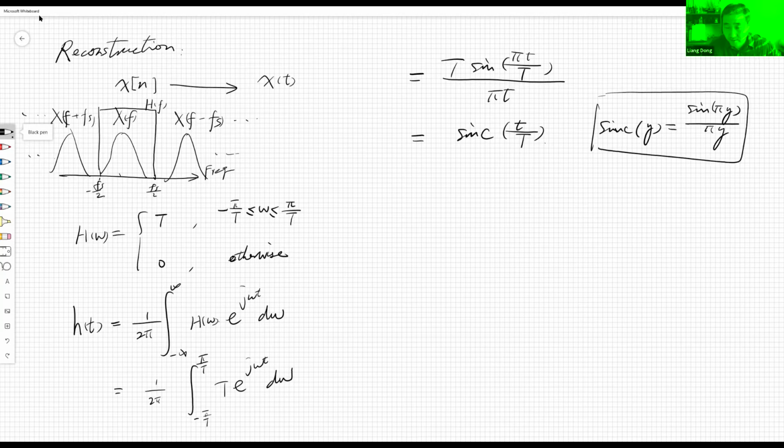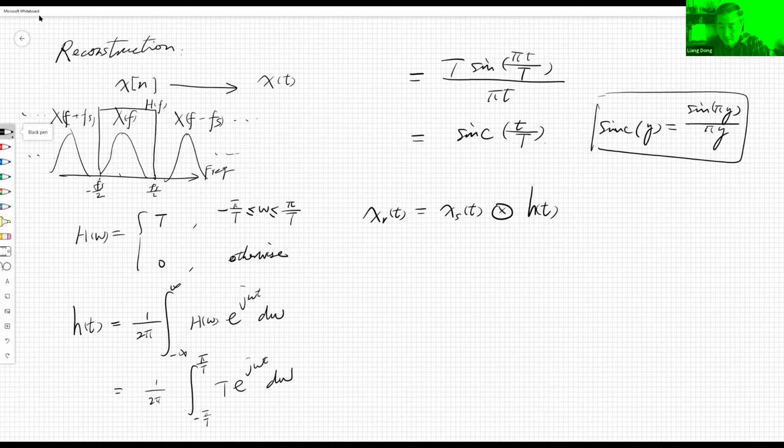So we know from signals and systems that a rectangular box in the frequency domain translates into a sinc function in the time domain, and vice versa. Then to find the reconstructed signal, it is my sampled signal convolved with h(t).